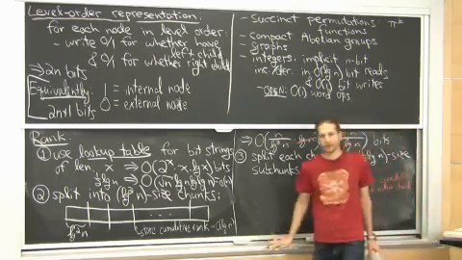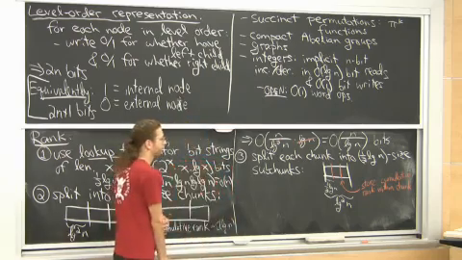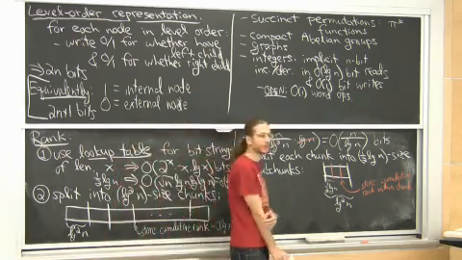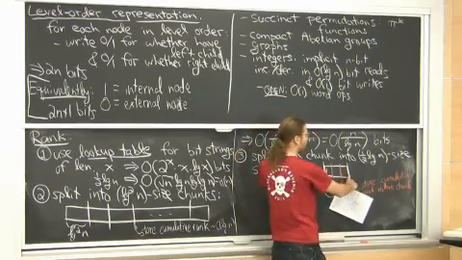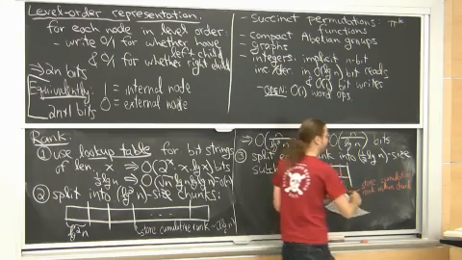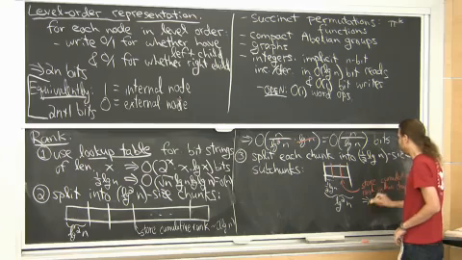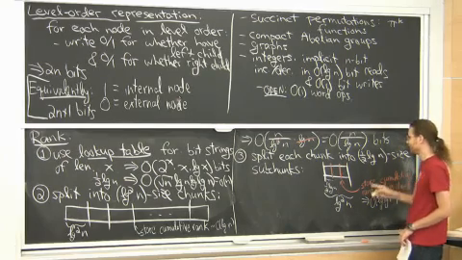Okay, why does that help me? I need fewer bits. These ranks can't get too big because the overall size of a chunk is just log squared. Log of log squared is log log n. So I only need log log n bits to write down those cumulative ranks.